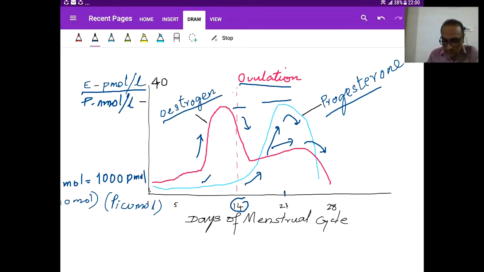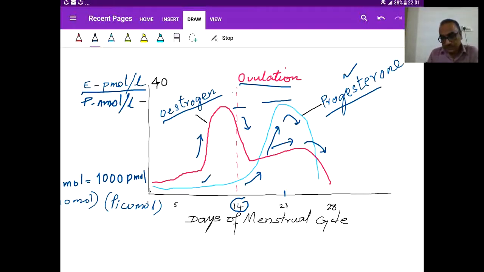This is indicative of the phenomenon called luteinization, the formation of corpus luteum from the already ovulated Graafian follicle. So the corpus luteum starts producing progesterone after the ovulation. Therefore during the luteal phase or secretory phase, the progesterone level increases.